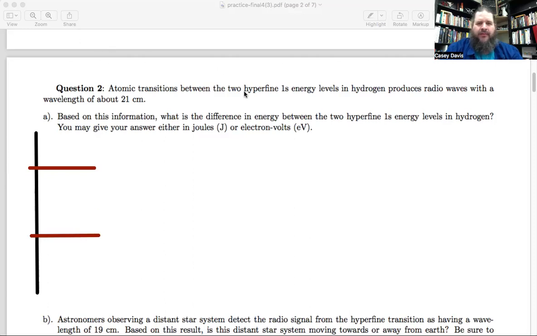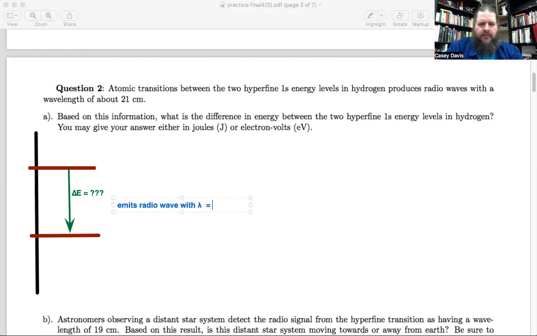But we do know that as we drop from one energy level down to the next, this is some unknown delta energy. We don't know how much energy that is, but we do know that as it drops from this level to this level, it's emitting a radio wave with wavelength 21 centimeters. So I think that's the key here. We can use that wavelength to figure out how much the energy difference is.